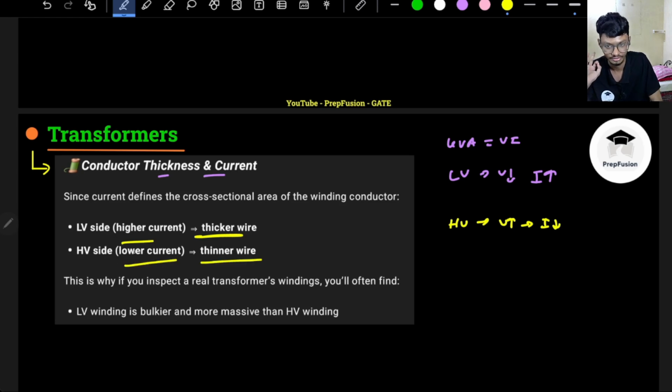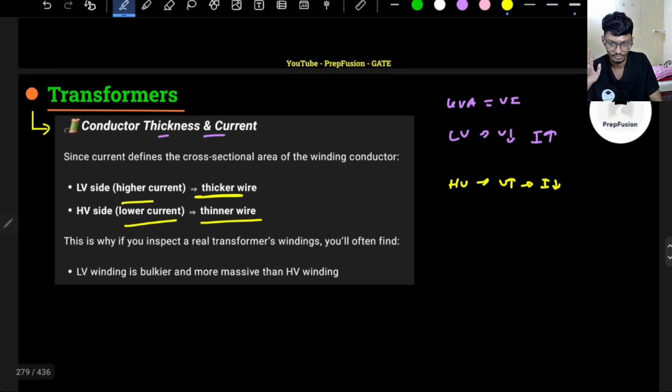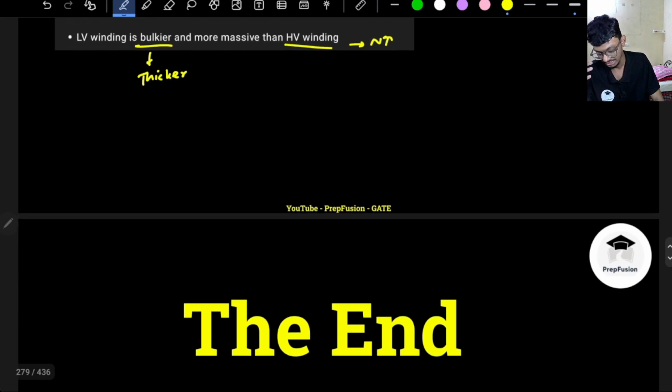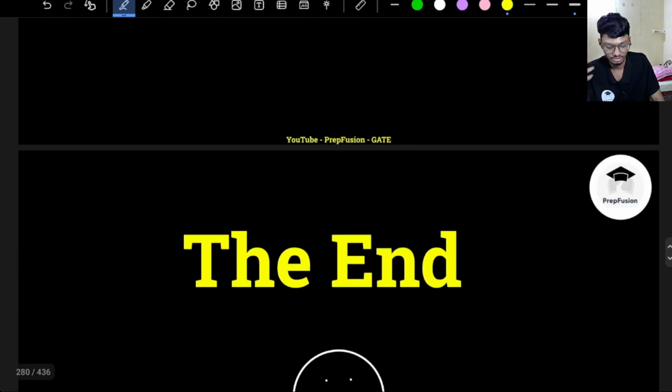While designing a transformer, this is also what you need to take care of. So LV winding will be bulkier and more massive than HV winding. Although HV winding will have a higher number of turns, LV winding will be thicker, hence bulkier. This is the practical aspect of LV and HV windings in transformers.